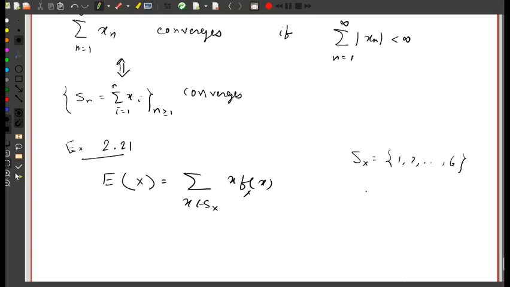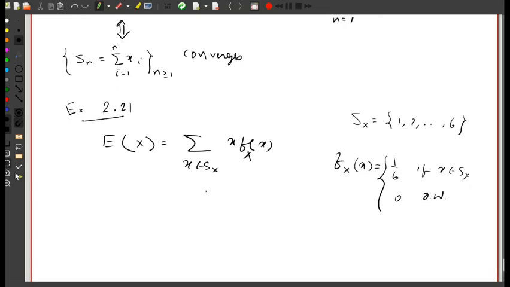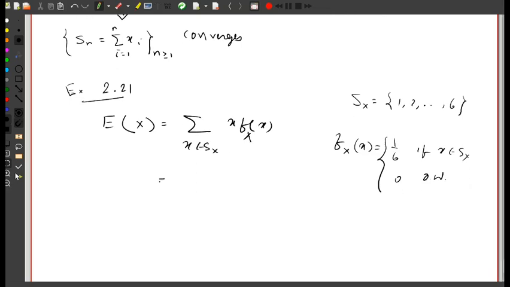It is a finite set, and f of x equals 1 by 6 if x belongs to Sx and 0 otherwise. That basically means this sum is over a finite range, so obviously absolute convergence will be there. We do not need to check even the absolute convergence in this case. And we can write this quantity as the sum over x equals 1 to 6.